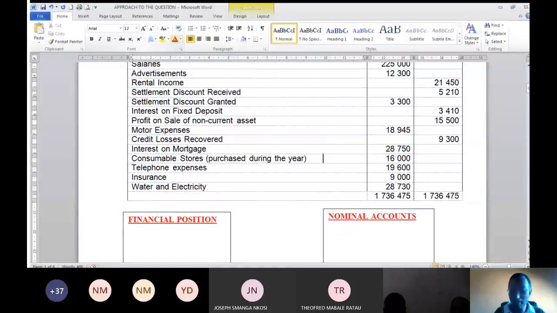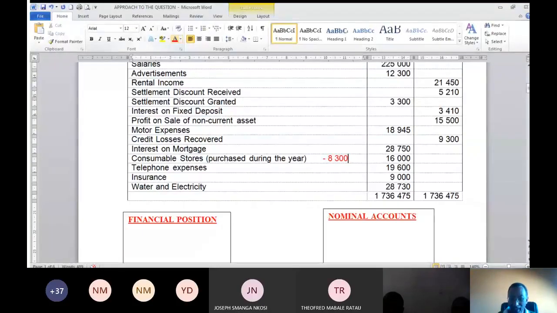But my adjustment is telling me that there is still 8,300 Rand left. So to update my trial balance, when I'm going to do my financial statements, my consumable stores expense is not 16,000, but I will have to decrease it by 8,300 Rand.